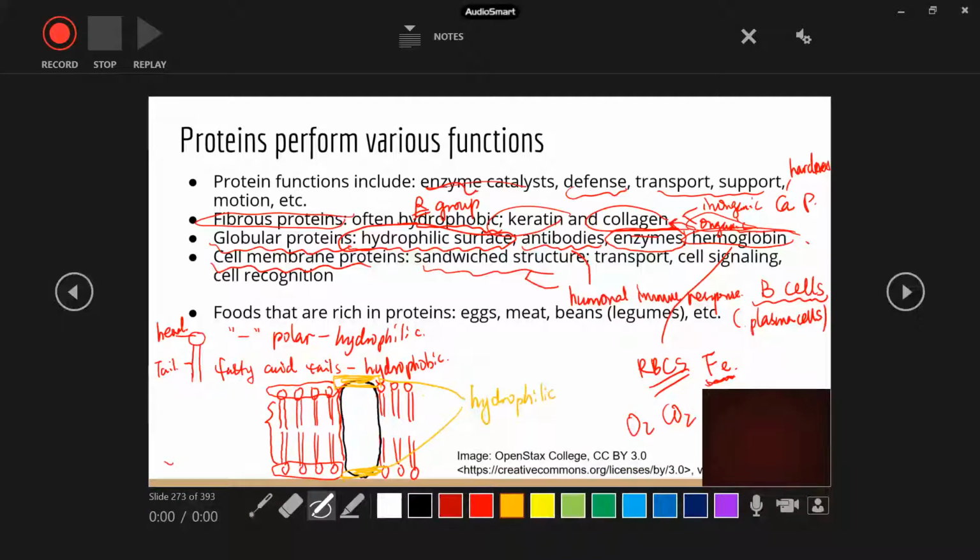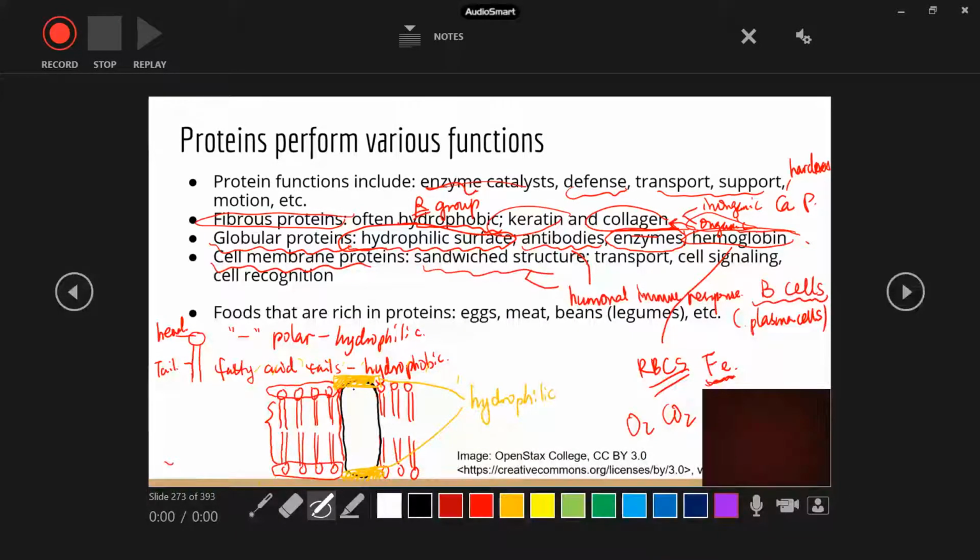If you think about it, the cell membrane is in this kind of watery environment, right? So on both sides, that's going to be mostly water. So the end that comes into contact with the water is going to be hydrophilic. And then the portion that's inside the cell membrane is going to be hydrophobic.